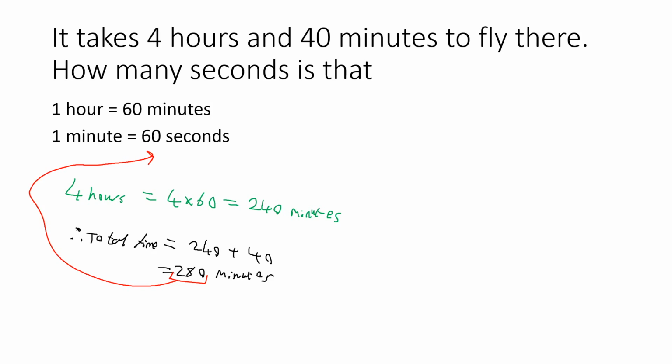And we know that 1 minute is 60 seconds, then that means that 280 minutes is going to be 60 times 280. Okay? And when we work that out, and you're allowed to use your calculator here, we get an answer of 16,800 seconds.